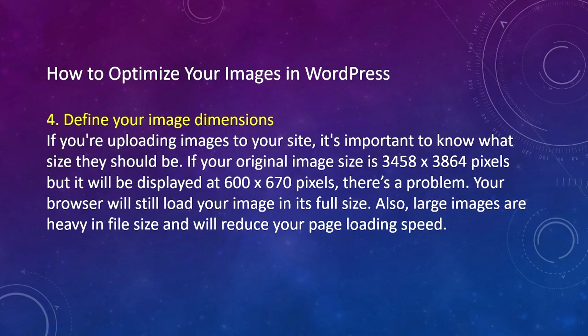Your browser will still load your image in its full size. Also, large images are heavy in file size, and it will reduce your page loading speed. So it's best to size your images for desktop viewing before uploading them to your web page. Your image will automatically be resized for tablet or phone display.